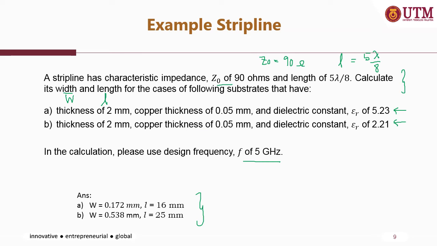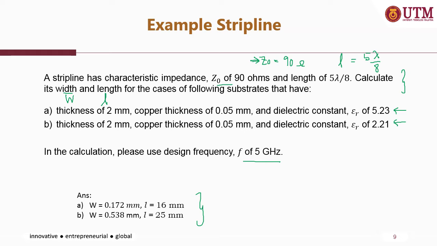Okay, let's look at an example of a strip line. A strip line has characteristic impedance of Z0 equal to 90, and the length of 5 lambda over 8. Calculate the width and the length for the case of the following substrates. These are the general criteria of the strip line.